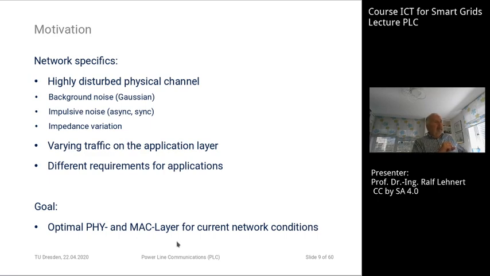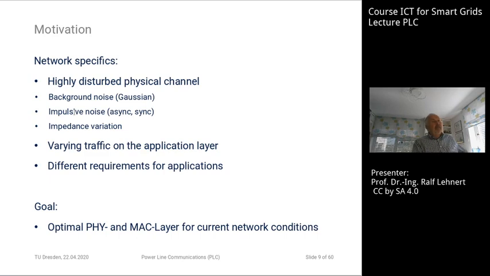It is typically the case that on a power network there are a lot of power consumers which are not continuously on, they are switched on and off. So there is a lot of impedance variation due to this fact that there will be a lot of changes all the time. Due to these changes, switching on a switch, you have some impulsive noise.